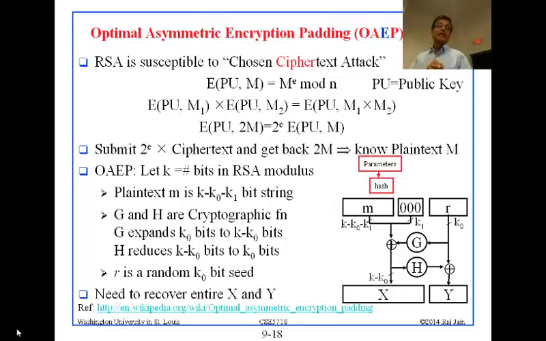And the padding is not just putting some bits at the end, but really taking the message, taking this random number and doing all this and getting this thing which is actually some number, and then we encrypt that. Okay, so this is called OAEP, optimal asymmetric encryption padding.